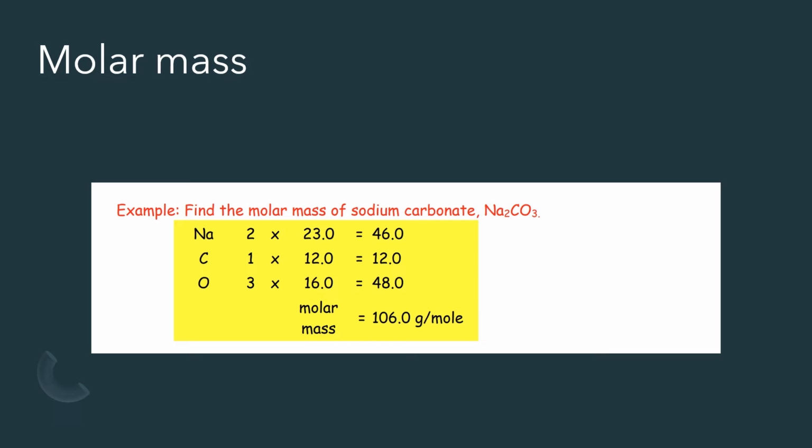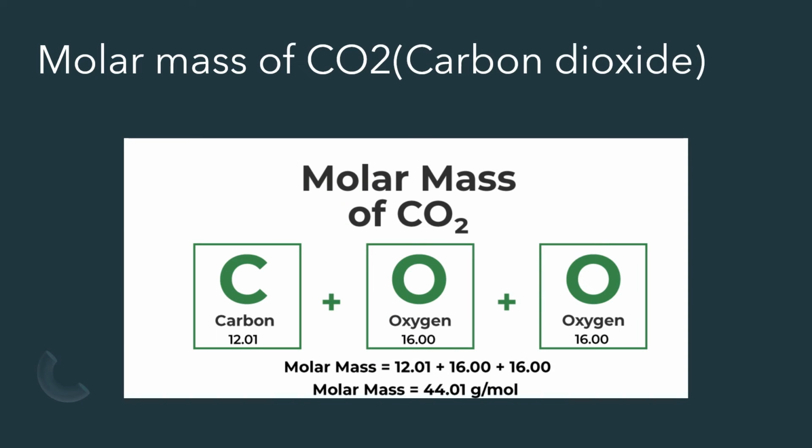So 46 is present because 2 into 23 equals 46, and 1 into 12 is 12. So 12 of carbon is present. 3 into 16 of oxygen, which is 48. So total molar mass will be equal to 106 grams per mole.